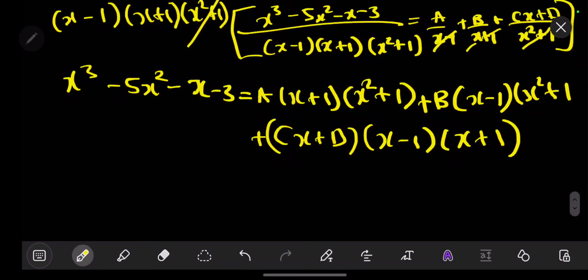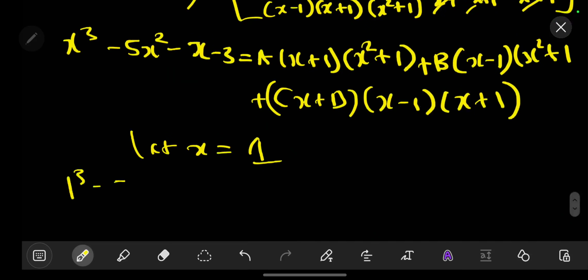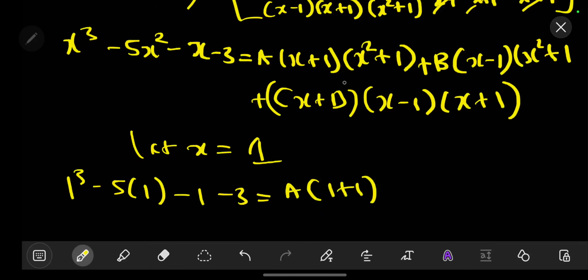So now from here we can let x be equal to positive 1, so that we eliminate this term, we also eliminate this term. So it will be 1 to the power 3 minus 5 times 1 minus 1, like that, minus 3 should be equal to a, then we have 1 plus 1, we are just replacing 1 squared plus 1.